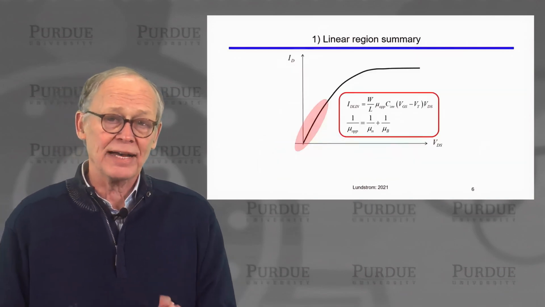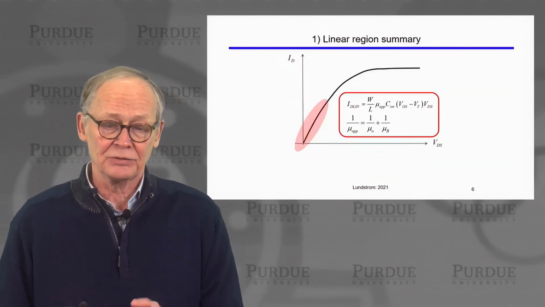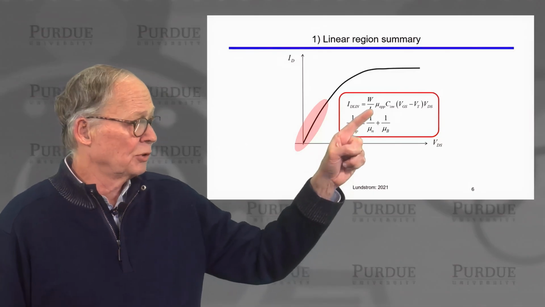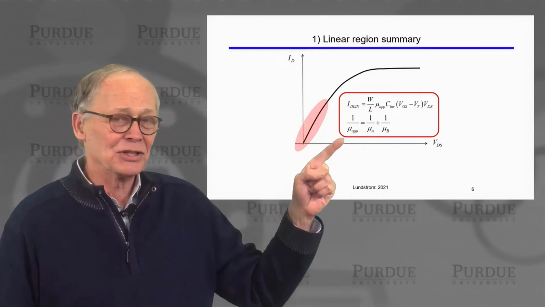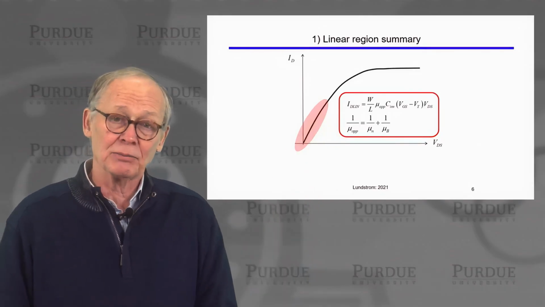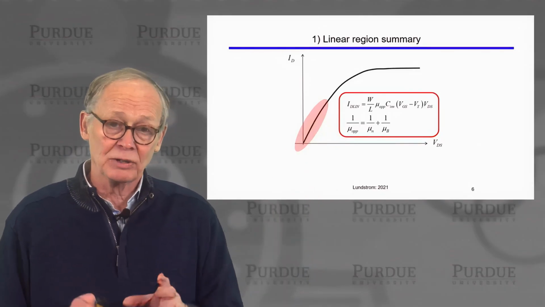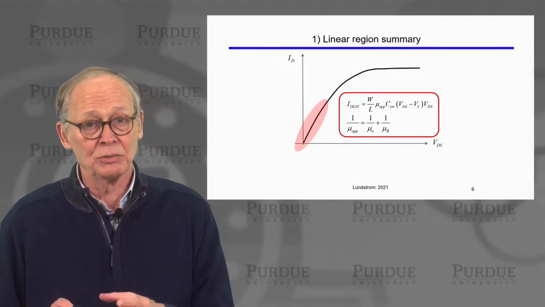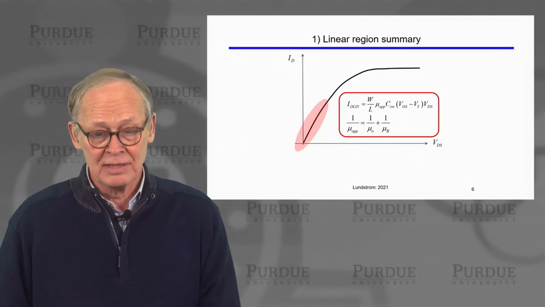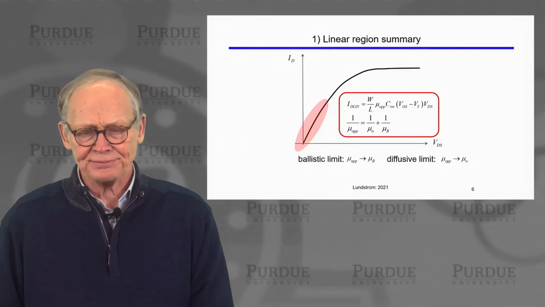Well, we're going to write the final linear region current in this form. We're going to put those quantities together, and we're going to define something that we call an apparent mobility. 1 over the apparent mobility is simply 1 over the mobility due to scattering plus 1 over the ballistic mobility. So that's an apparent mobility.